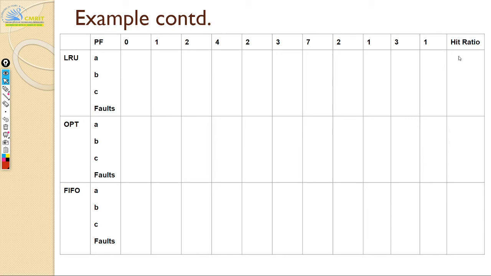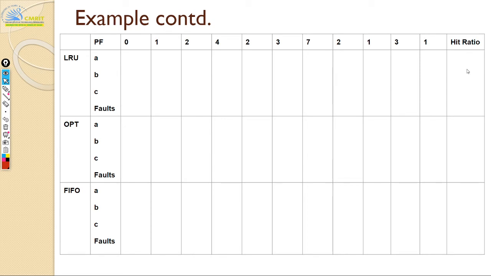Hit ratio is nothing but how many times you want to access a particular page in your primary memory and you find that page in your primary memory. So it's how many times you're not missing.